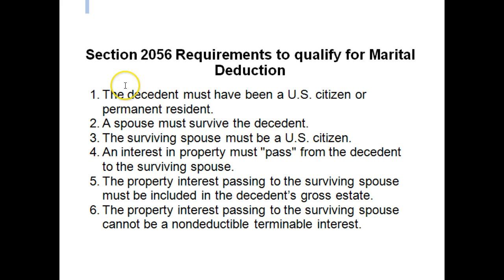With respect to Condition 2, a spouse must survive the decedent. A common disaster would be an exception, and who the spouse is that survives you is a matter of state law for the purpose of this condition. For example, some jurisdictions recognize common law marriage.